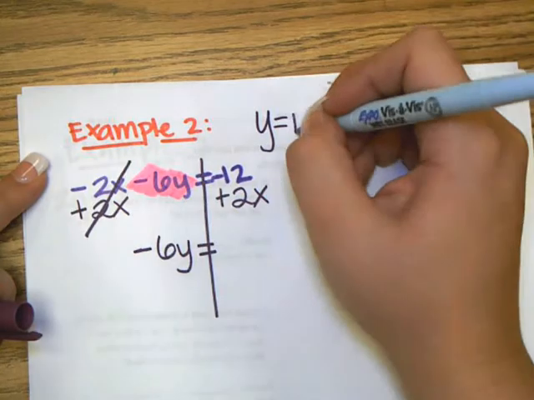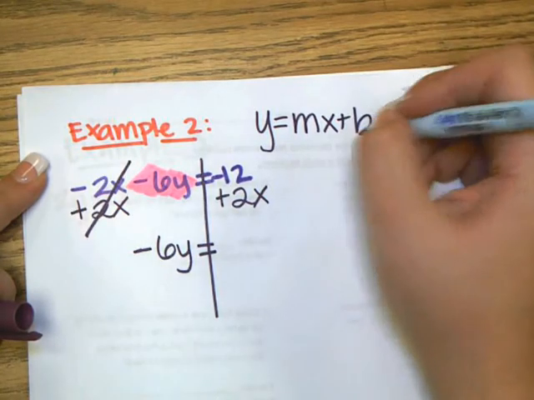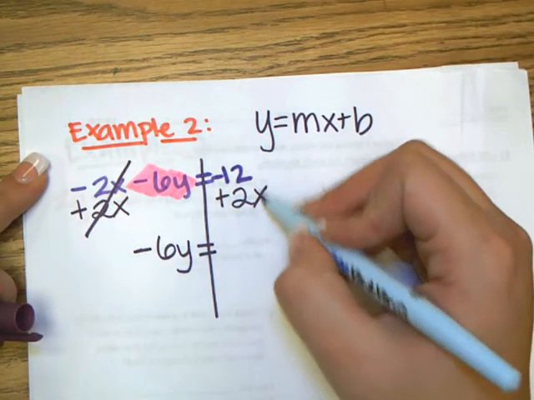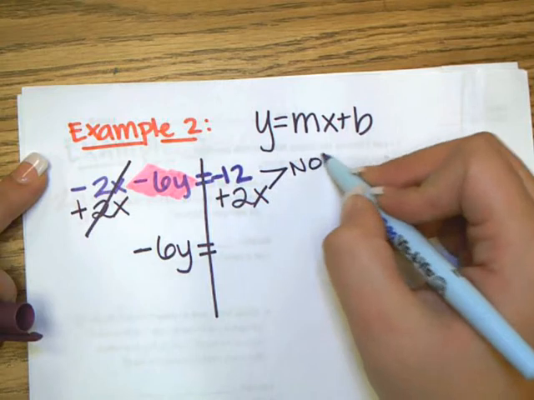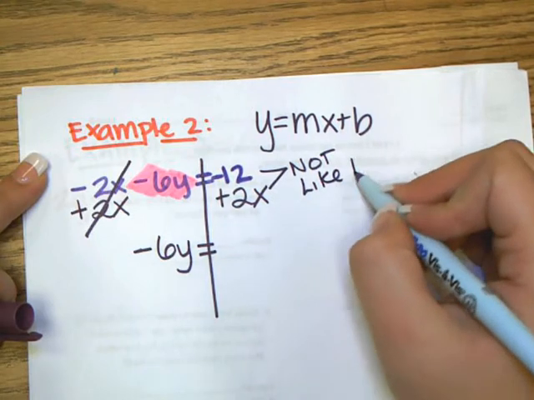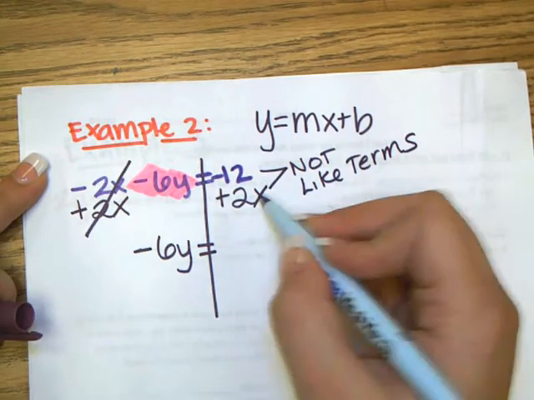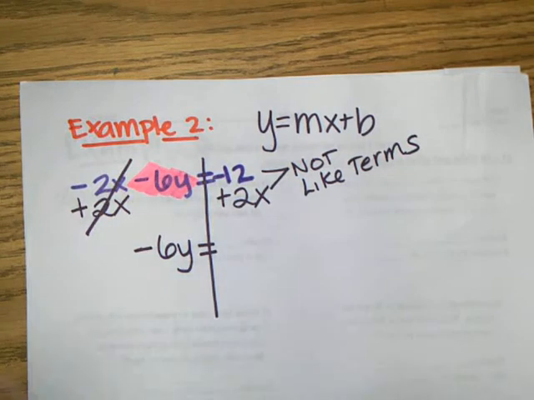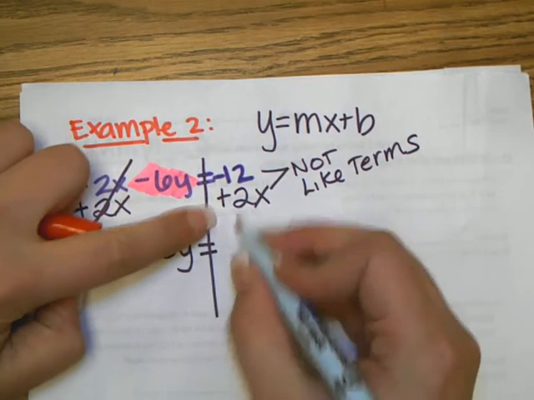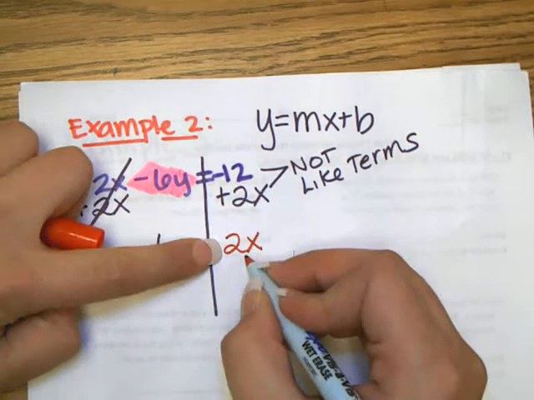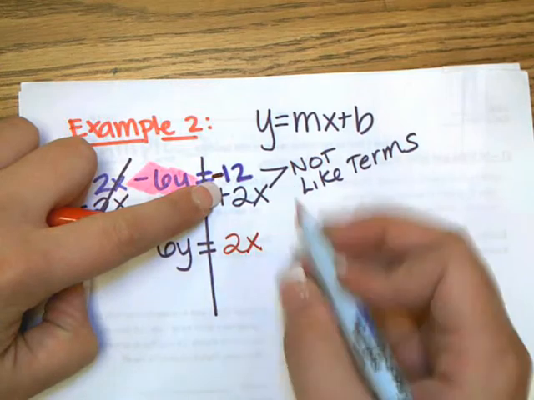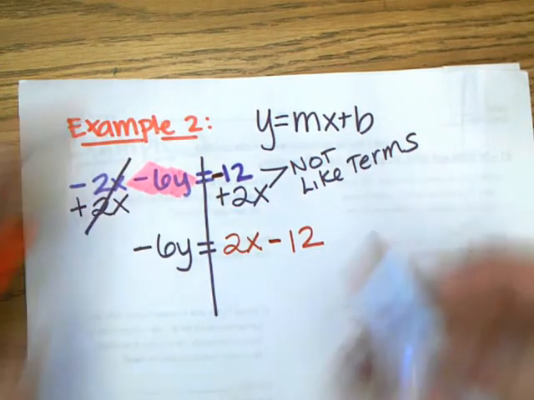And then my goal again is y equals mx plus b. Since these are not like terms and I can't combine them, I prefer to put the x term first. So I'm going to put the positive 2x first, and then the negative 12 second.